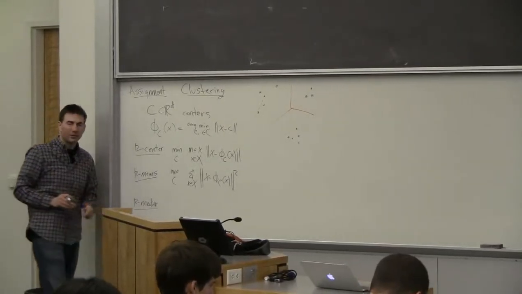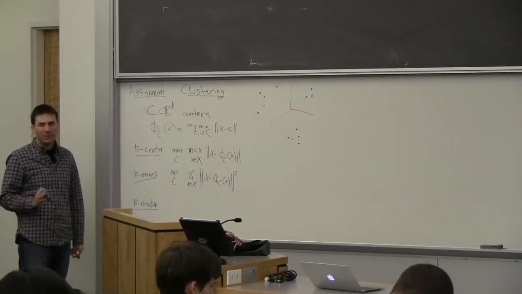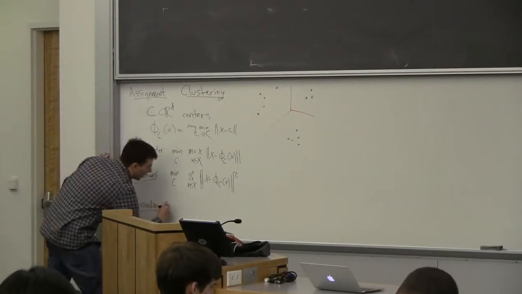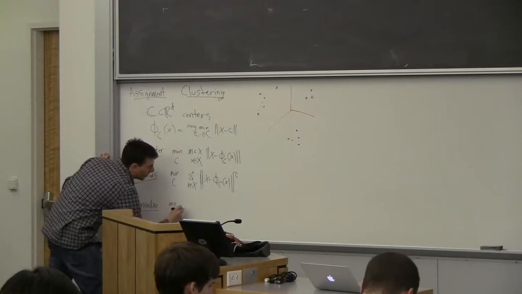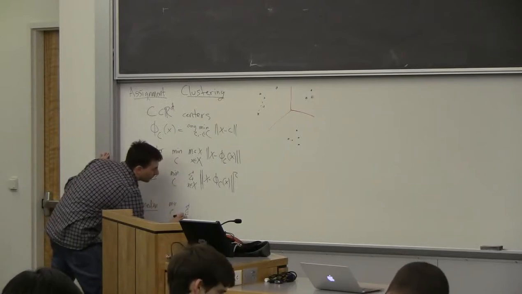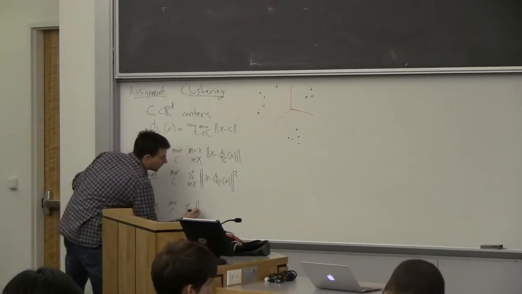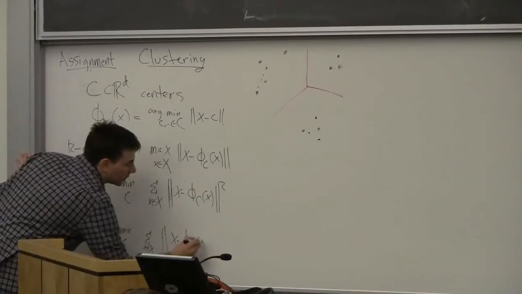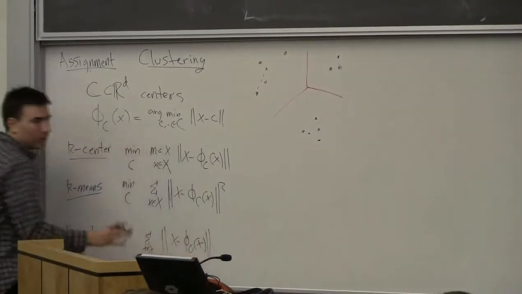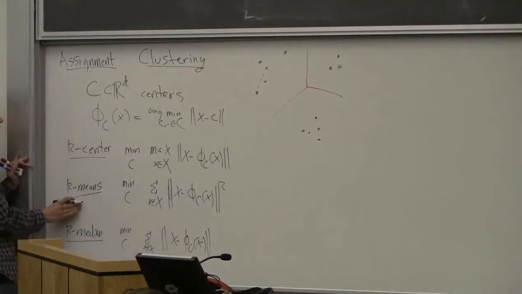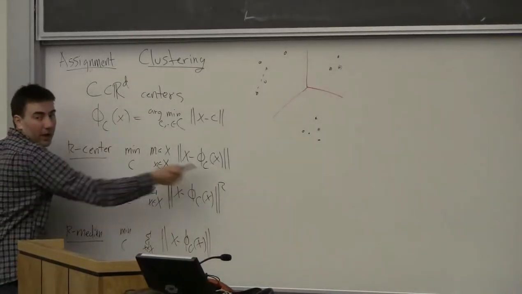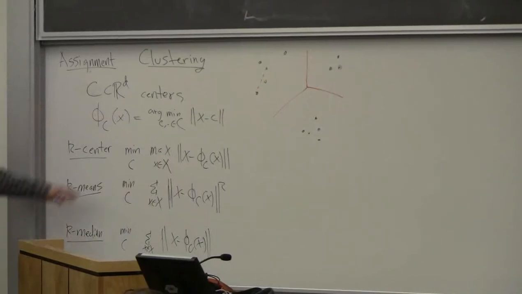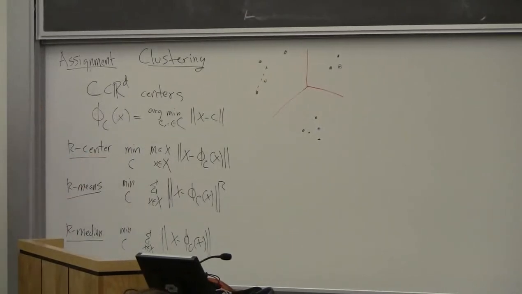There are other names for it, like K-medoid, I think it's the same thing. There you're minimizing over C the sum of these distances, instead of the sum of the squared distances. If you can't read this, it's the same as K-means, but it does not have the square here. And then this is the max.